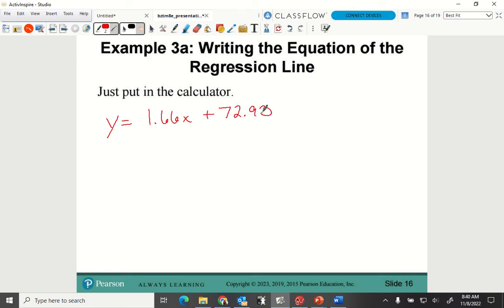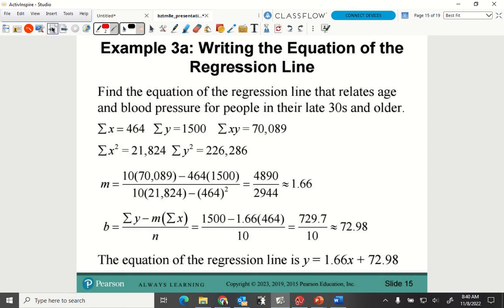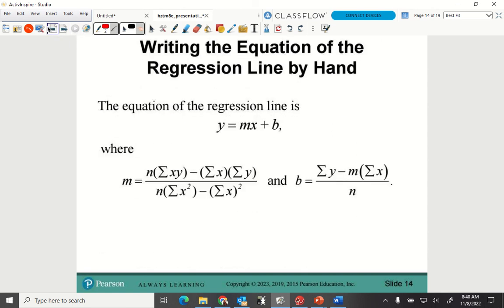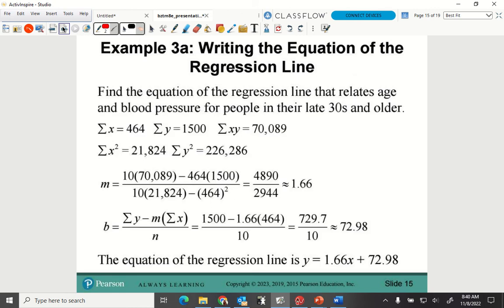There we go. So if you notice, I skipped a whole bunch of pages that were all the equations to get from there to there, right? So we have our equation of the regression line.